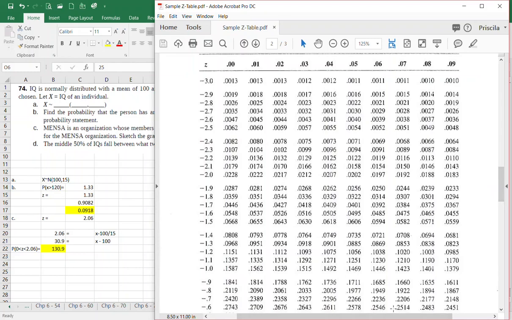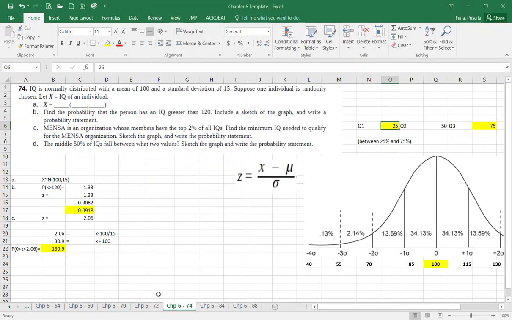I'm above. Okay, let's just say it's about 0.665. It's gonna round it up, so might as well just do minus 0.67. So let's say for D, for my 25%, my Z is equals to minus 0.67.